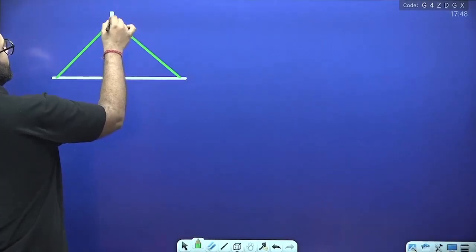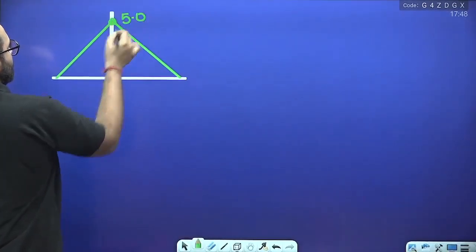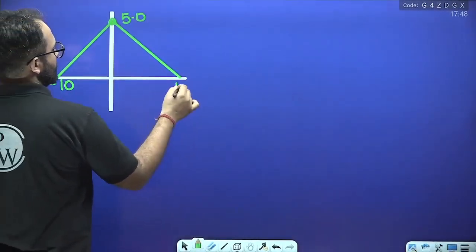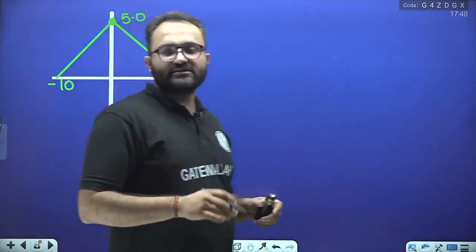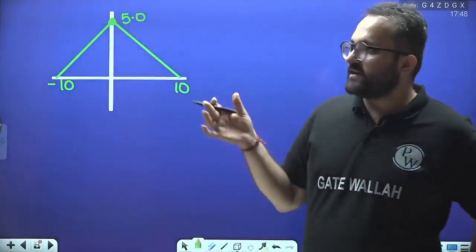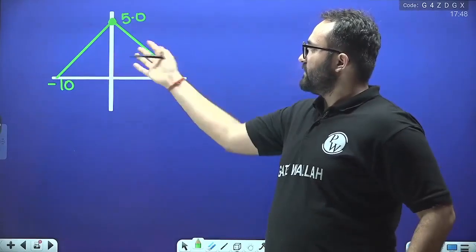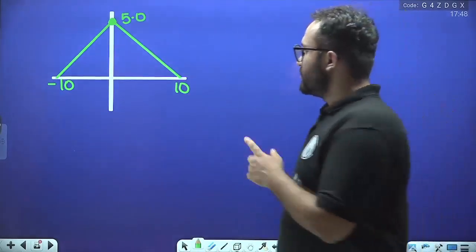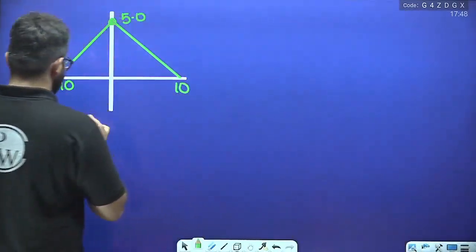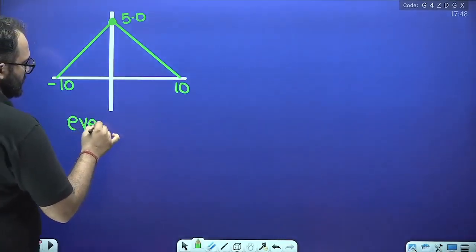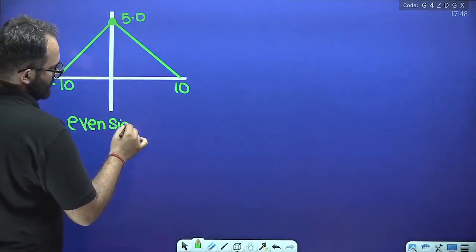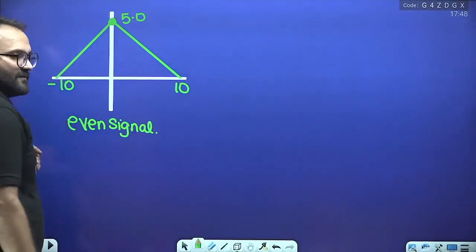We can see that this is the value 5.0, let us say at minus 10 and 10. Can we see that this signal is symmetric about the y-axis? Both sides it is the same, a symmetric mirror image. So it is an even signal, right? This is an even signal.